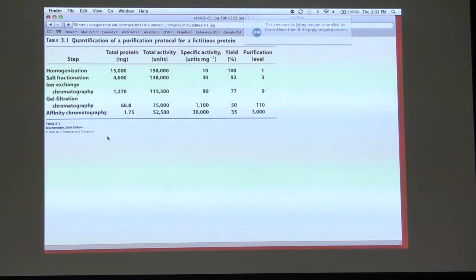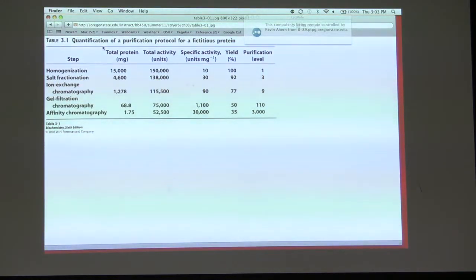That's not surprising. But as you go along, you darn sure better be getting purer material or you're wasting your time. So part of what we're looking at here is how much of my desired protein am I purifying and how much undesirable protein am I getting rid of.